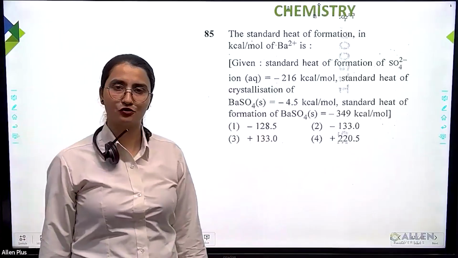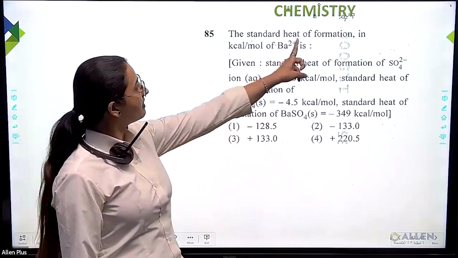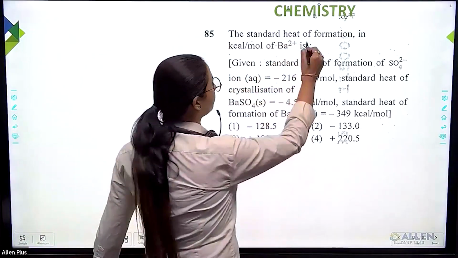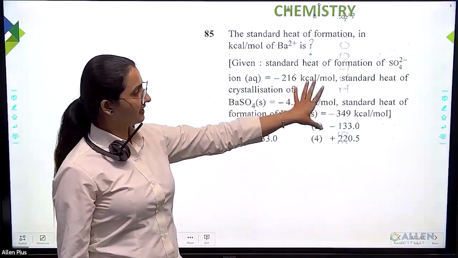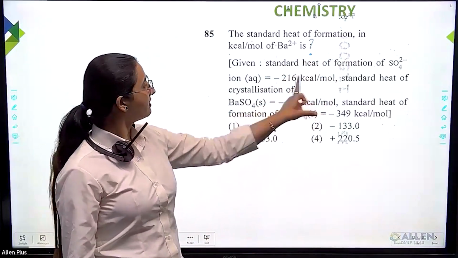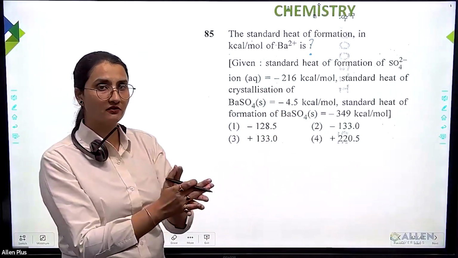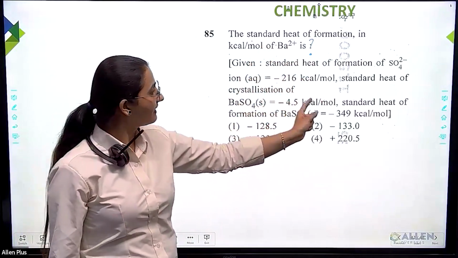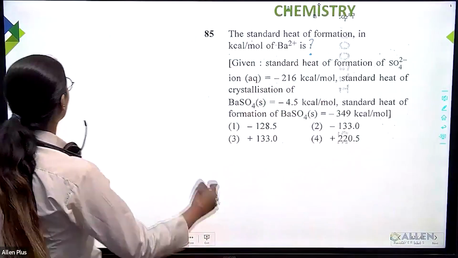Next, this is from thermochemistry. Let's see. Standard heat of formation of Ba+2 is, okay, this is the question, we have to find this. What is given? Standard heat of formation of sulfate ion is given. Standard heat of crystallization of BaSO4 means the crystal is formed from ions, right? We'll use them. And the standard heat of formation of BaSO4 is given. So let's write the equation first.